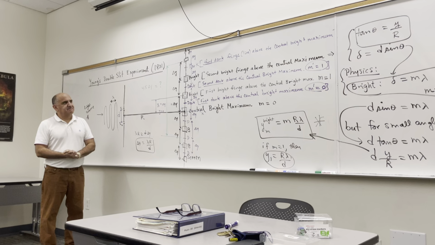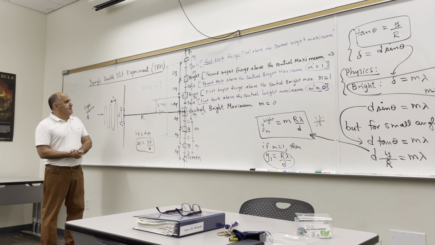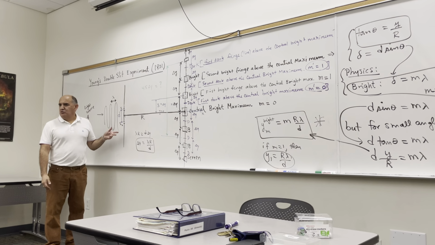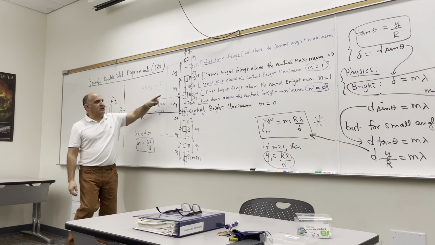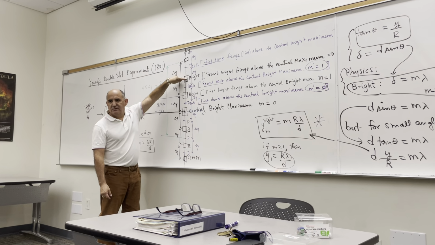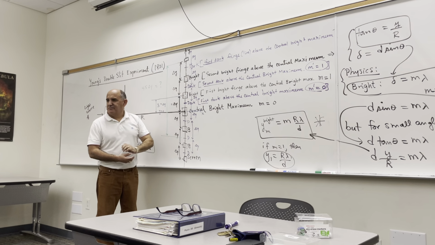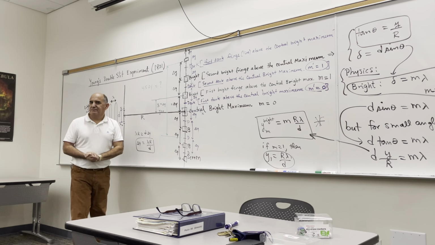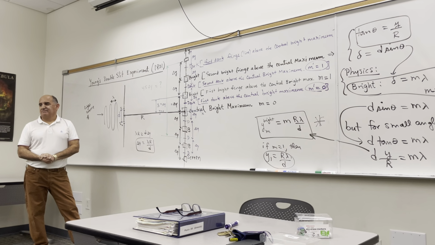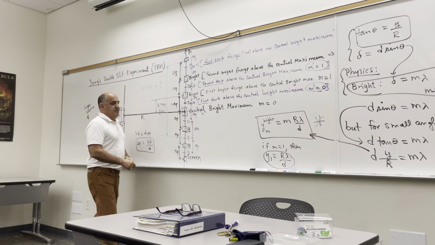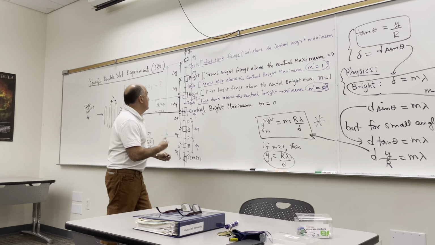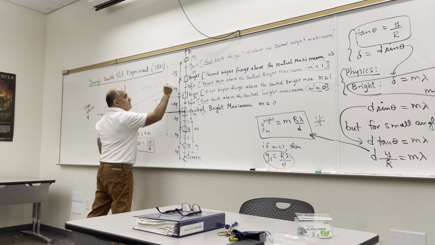So the question was this. Light comes in, 2 slits, and if you look at this spot over here, what's the phase difference between the 2 waves that arrive over there? What's the phase difference between this one and this one?